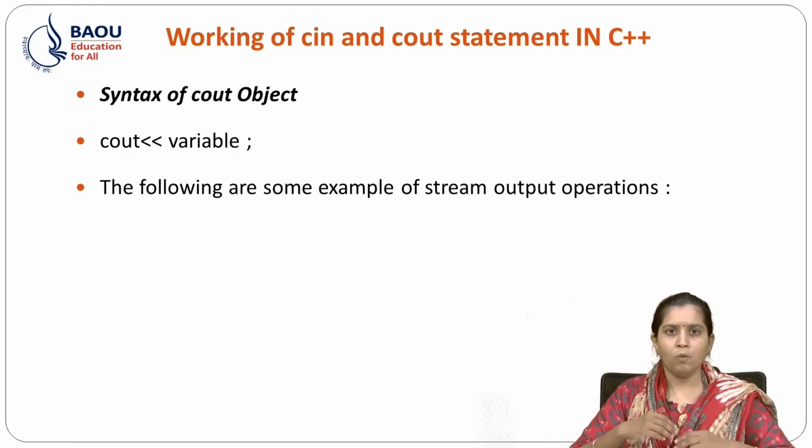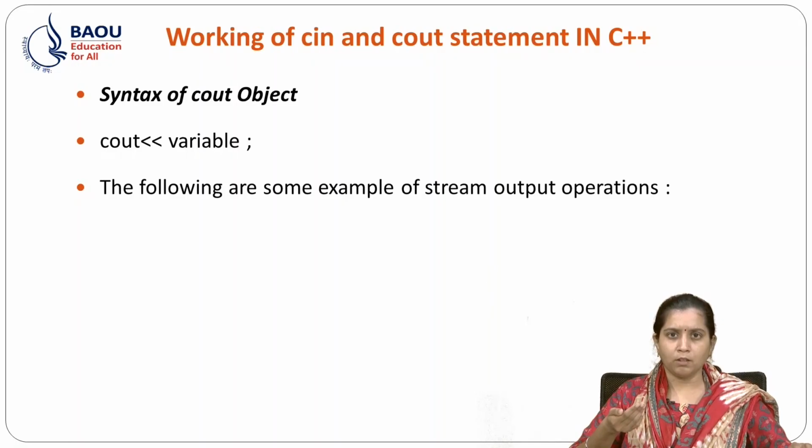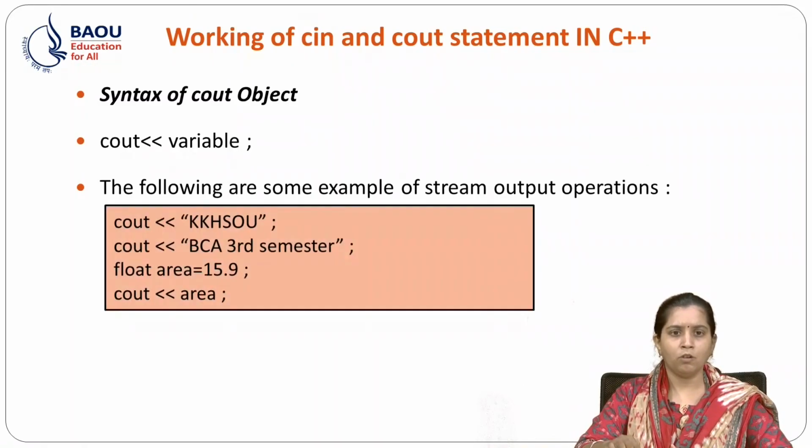More than one item can be displayed using a single cout output stream object. Such output operations are called cascaded output operations. So, cout BCA third semester.